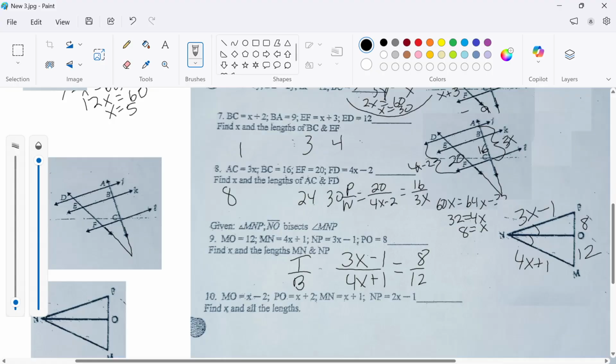I get 3x times 12 is 36x minus 12 equals 32x plus 8.